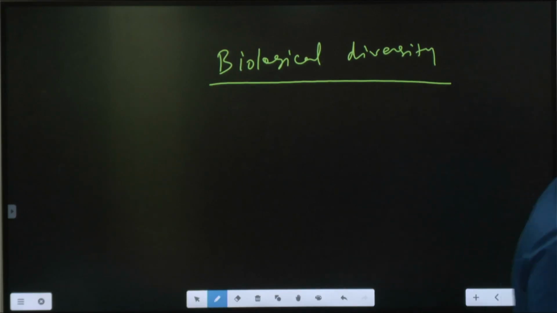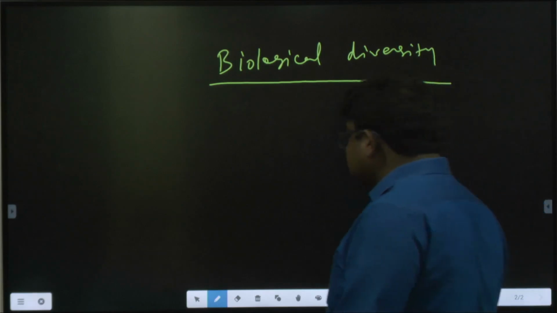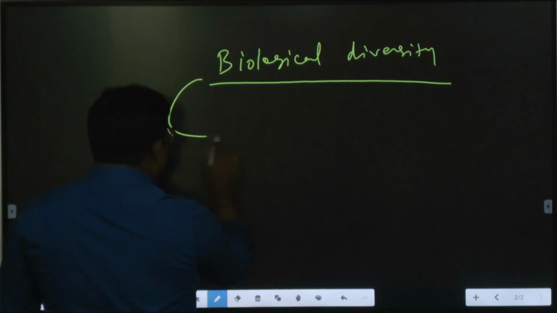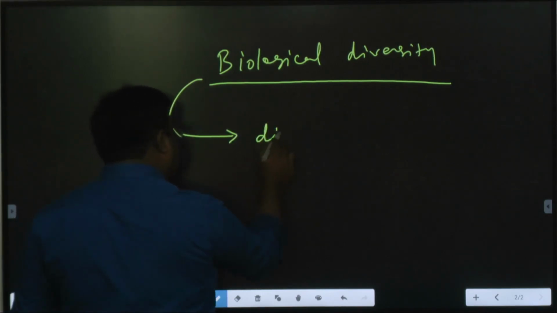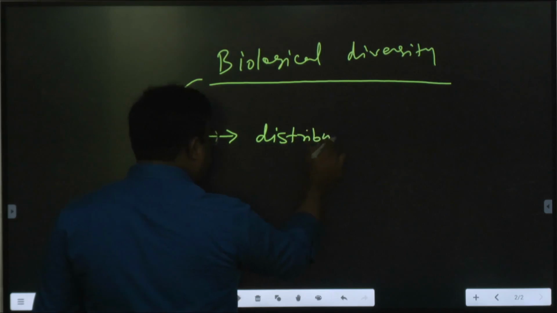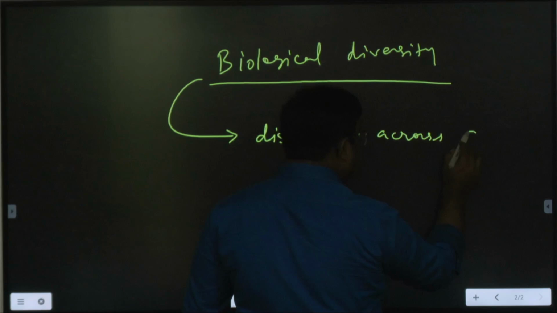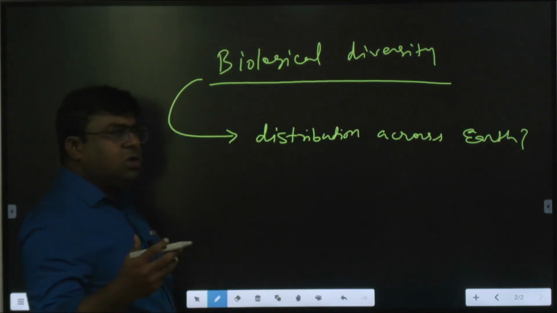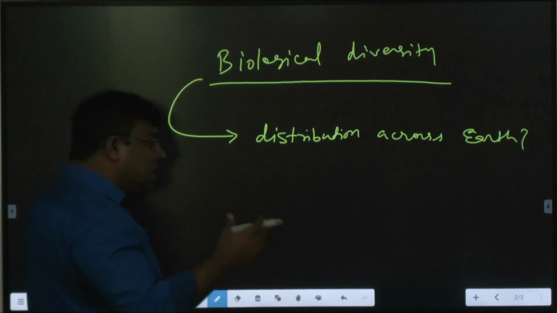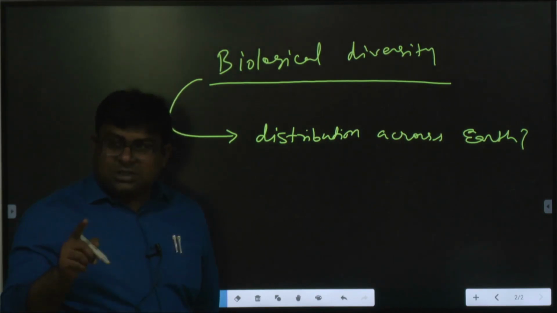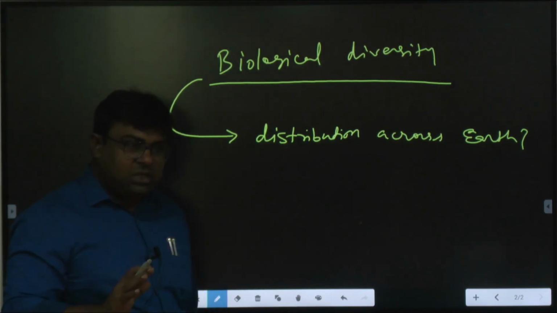Now we should talk about the practical format of Earth's known biodiversity. Whatever is the known biodiversity of Earth, if we try to talk about its distribution across Earth, we would arrive at the conclusion that whatever discussion I shall make about biodiversity will be about the known biodiversity of Earth, right?